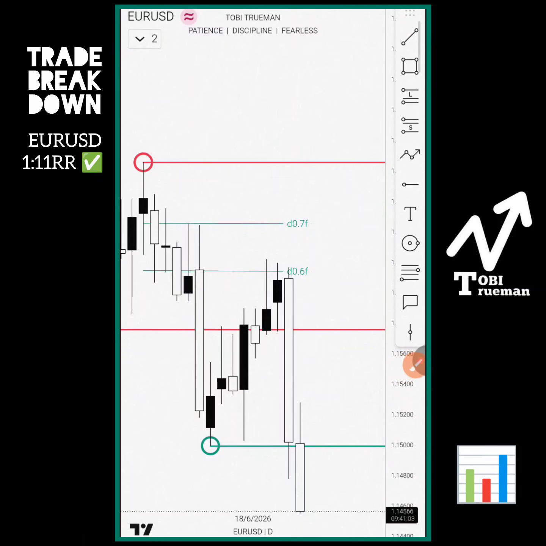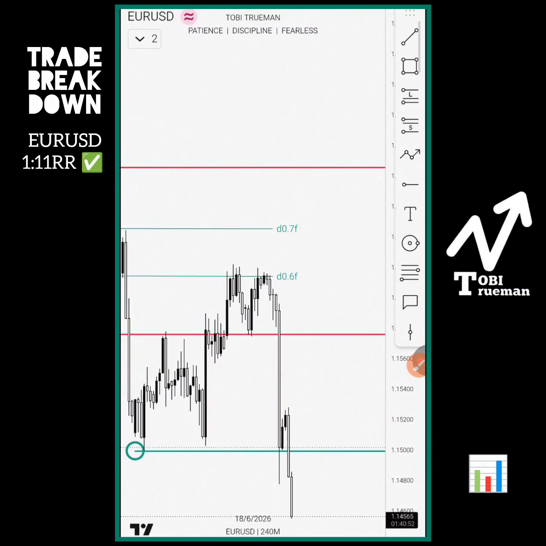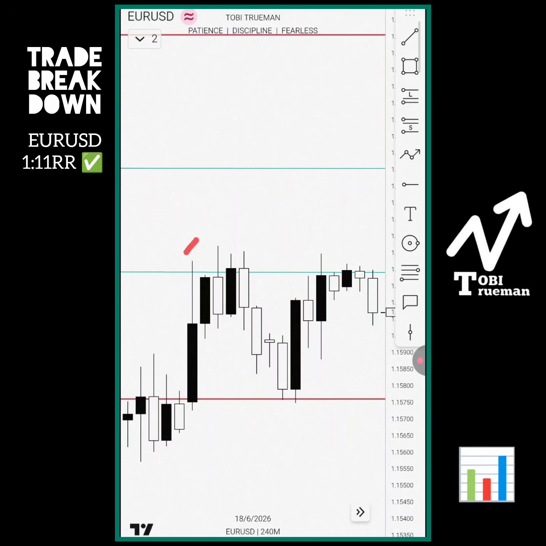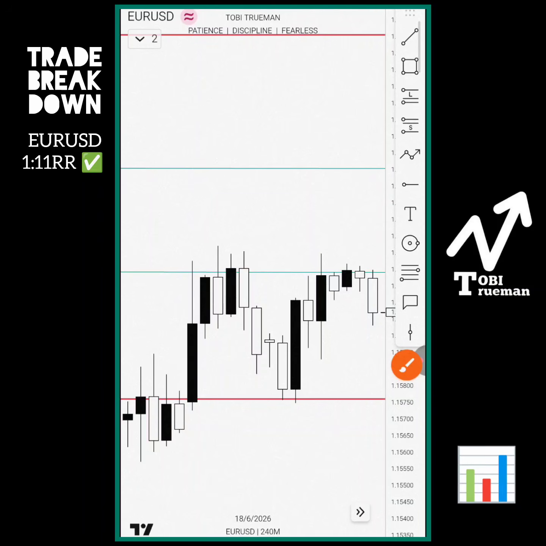This is on a daily time frame. For us to look for our entry, according to all the lectures I've been making, we will go to the corresponding lower time frame. We'll go to the 4 hour to look for our entry over there. When we get to the 4 hour, this is what the 4 hour has given us. All this is what happened on the 4 hour, but according to our entry signal, we did not see any of the signal there.